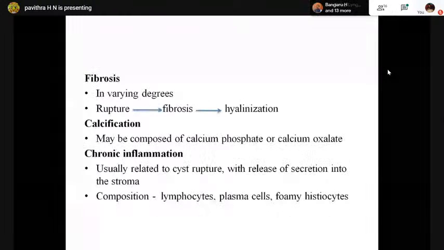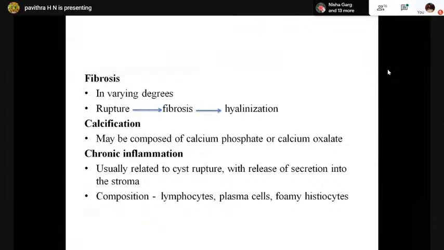That may further lead to fibrosis, and it can progress to hyalinization. Calcification can be in the form of either calcium oxalate or calcium phosphate. You may see crystals of these. Calcium oxalate crystals can be identified easily with birefringence. It is actually difficult to identify on H&E, so you can use polarization easily.